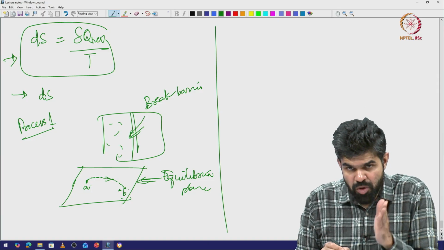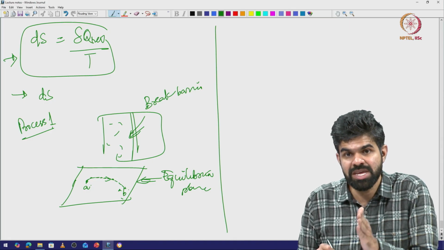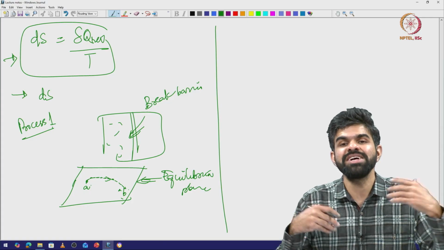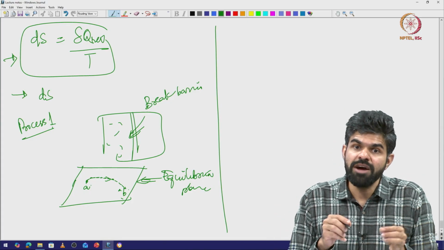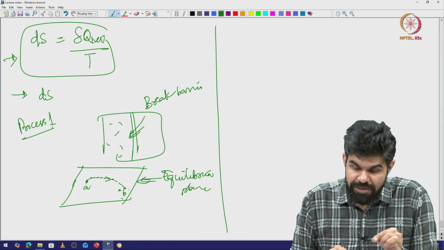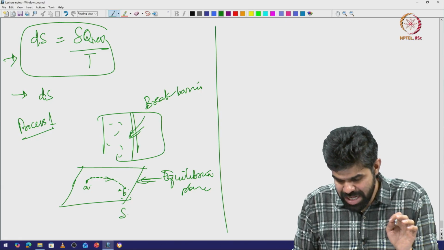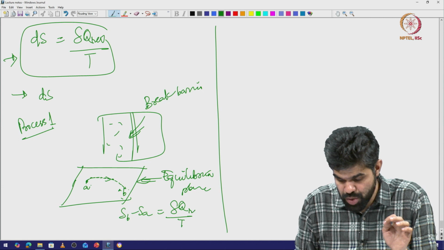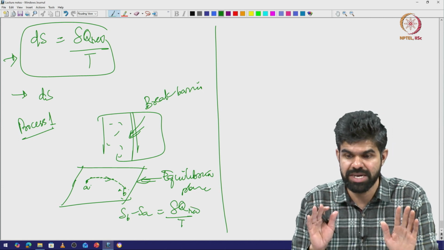So, every time I move my piston a bit, I am going to this state, then I move my piston a bit, I move to this state, right. So, every time I can define state variables, right, and it is in an equilibrium state. Now, you have to do this process to calculate the exact entropy, right. So, to calculate SB minus SA, I have to do this process and say SB minus SA is delta Q reversible in this process, green process, divided by T. That is how I calculate entropy.